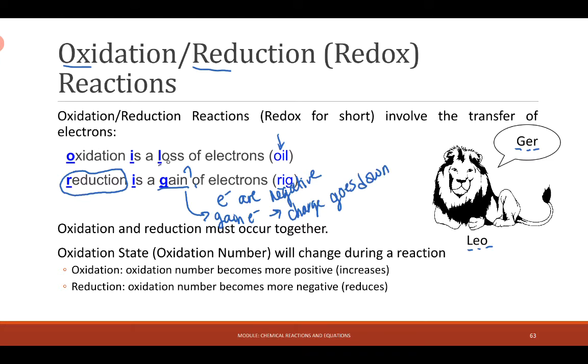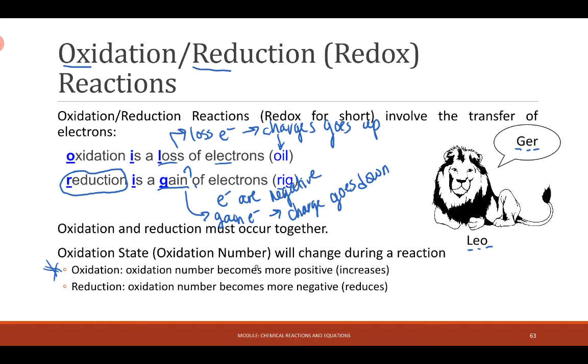And if we lose electrons, then our charge goes up. And so what's going down, why it's called reduction, is the charge. Really, it's the oxidation state or oxidation number, but we'll go into determining what that means very shortly in the next video.